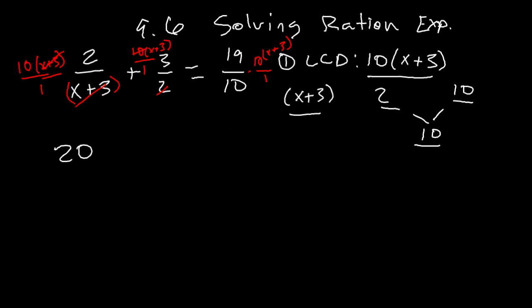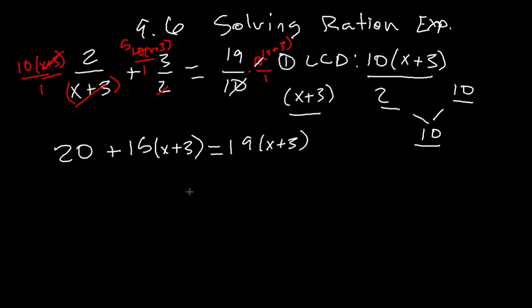So, just like before, we put a little 5 right here. Well, 5 times 3 gives me 15. So that term simplifies down. We have plus 15 times x plus 3 equals, and over here the 10's cancel, leaving us 19 times x plus 3.